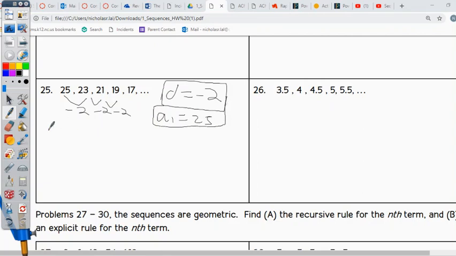So for our recursive formula, A1 is equal to 25, and then an is equal to an minus 1 minus 2. Each term is equal to the previous term minus 2.